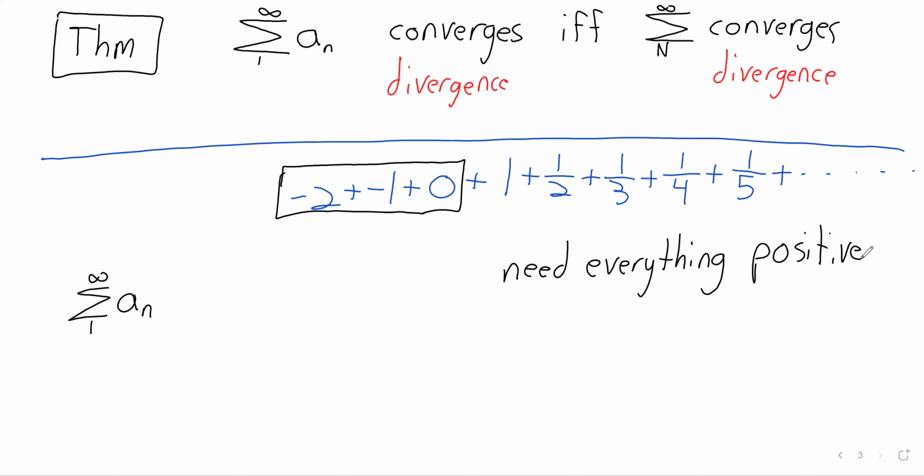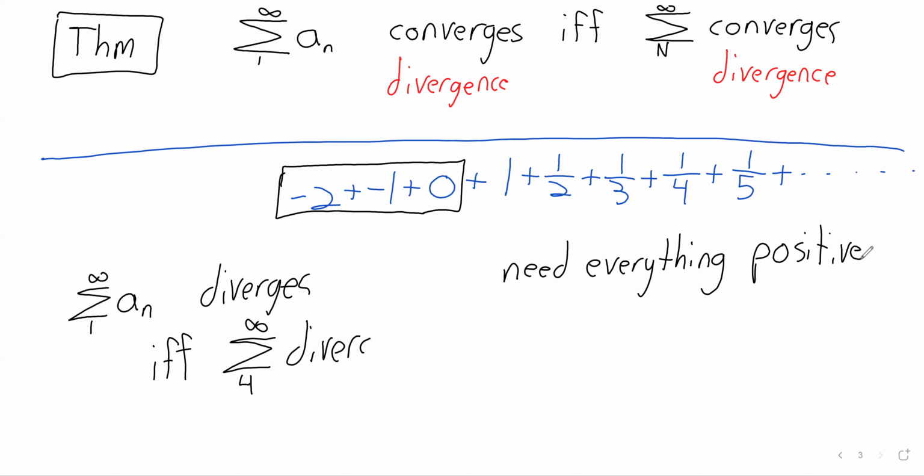And this theorem says that if we just get rid of the first three terms and start with the fourth term, then if that series diverges, the original series also diverges.